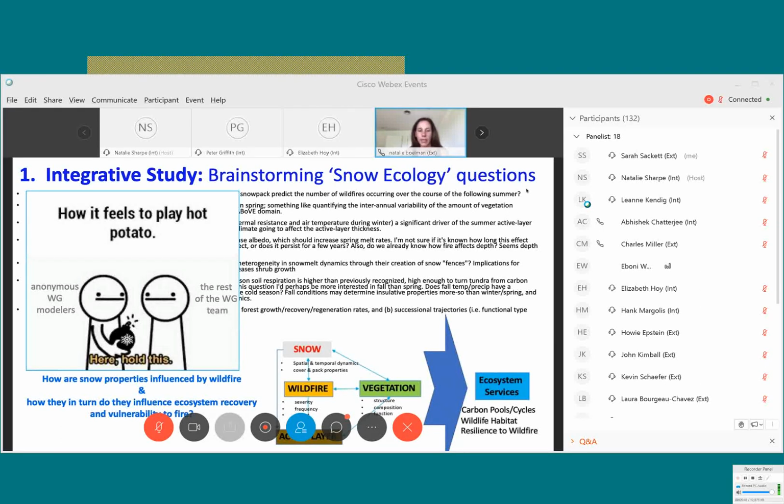figure out how can we tackle this important problem, but not give our ecosystem snow modelers a ton of extra analytical work, but still be able to get at this question. So this is sort of where we are with this.